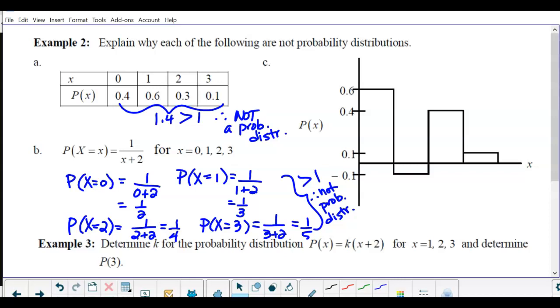And what's weird about C? Negative probability. You can't have negative probability. So maybe P is actually something else, but not probability.